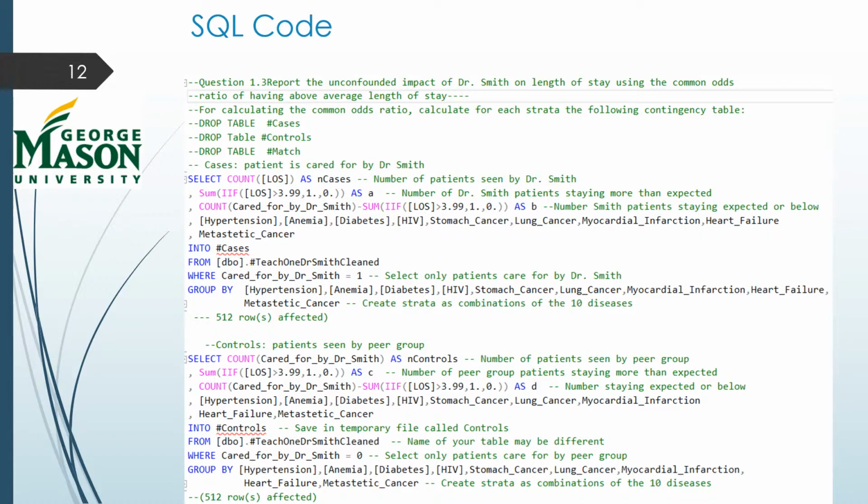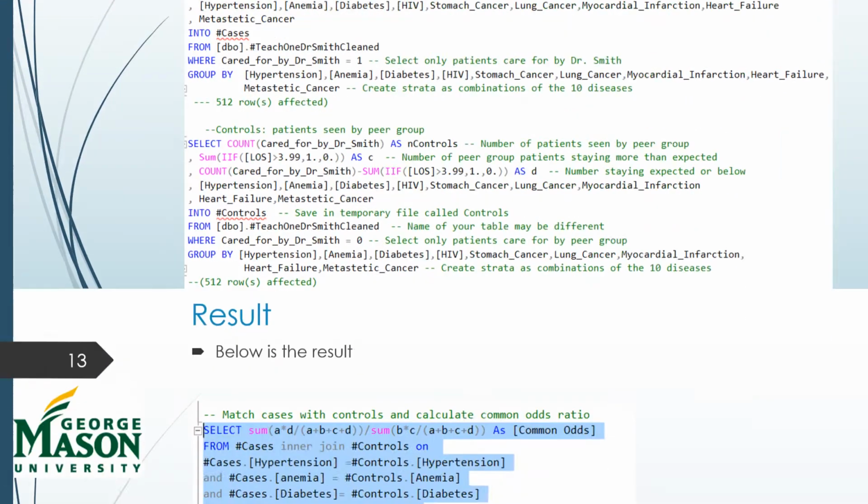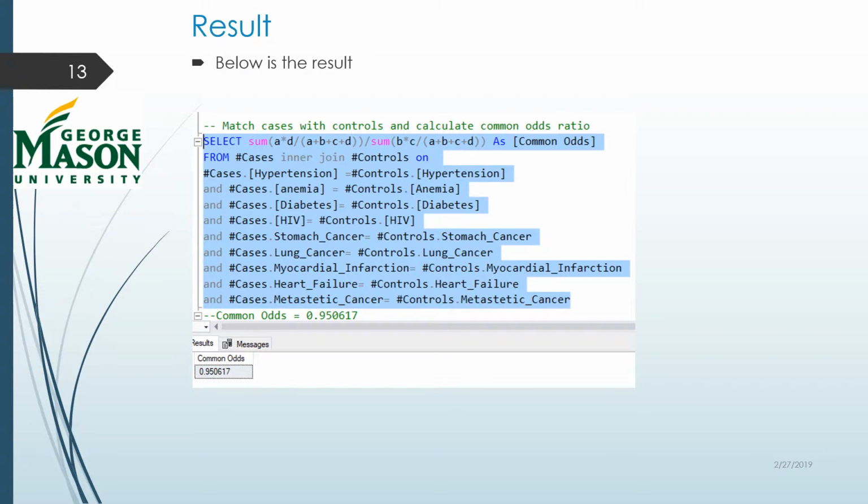This is the variable for Dr. Smith, and similarly I did it for his peer groups, and I keep the result in a temp table called controls. Then I match cases with controls and calculate the common odds ratio. I used this SQL code to calculate the common odds ratio, and I got the result of 0.950617.